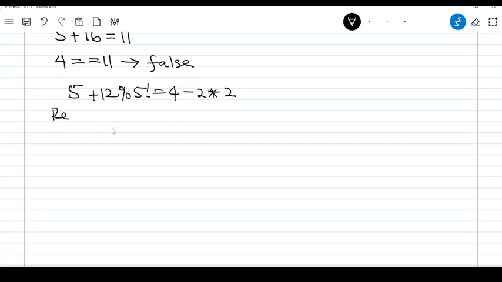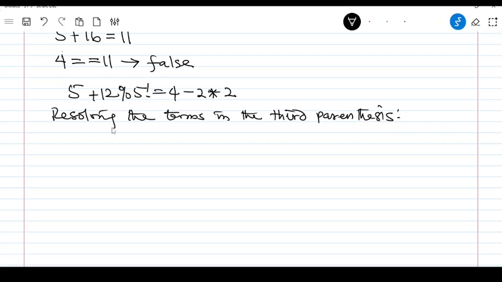Resolving the terms in the third parenthesis. We have here 12 modulo 5. 12 modulo 5 is going to give us 2, because dividing 12 by 5, we're going to have a remainder of 2, right?